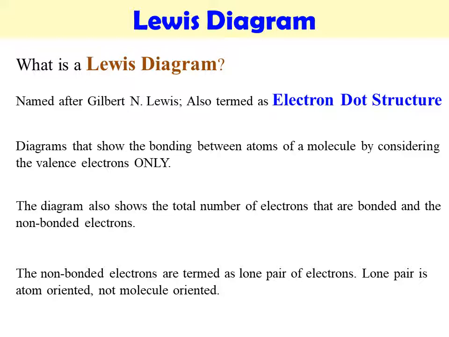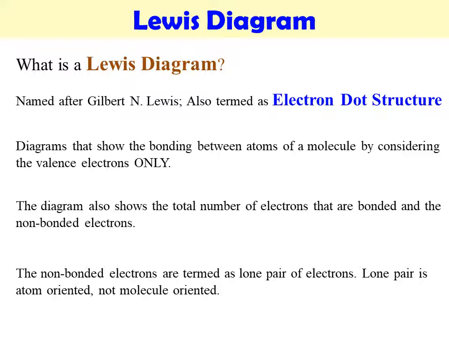The central atom or the bigger atom that participates in a lot of bond formation are those atoms which have excess electrons, meaning electrons more than 3.